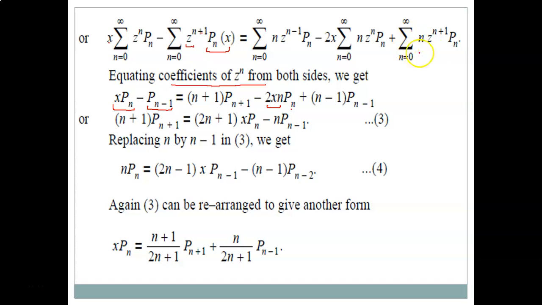Fine. And here again the coefficient of z^n, when you take z^n, then definitely you have to reduce n by 1 here. It will be n minus 1 and it will be P_{n-1}. So this term comes out from this summation, and the coefficient of z^n in the summation will be this.